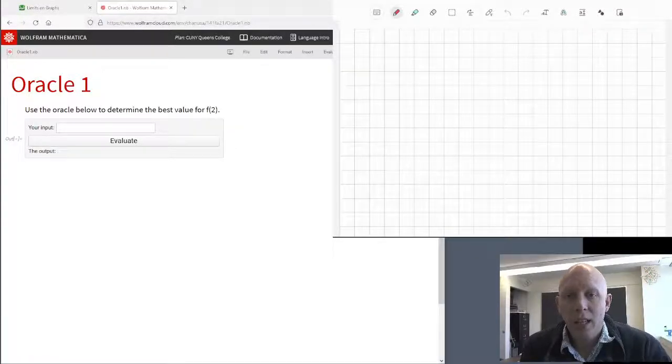Hi everybody. I wanted to go over what we talked about in class last time, which is getting some intuition about how limits work.